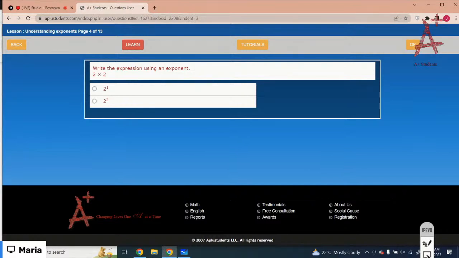So which is the correct option? Yes, that would be 2 square because 2 is multiplying twice by itself.